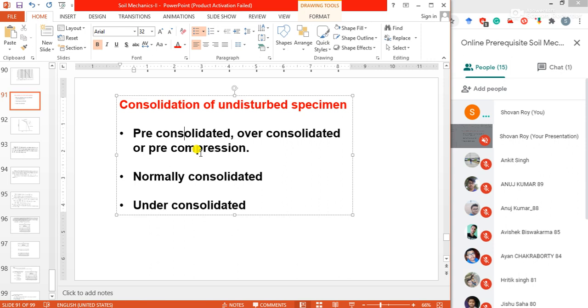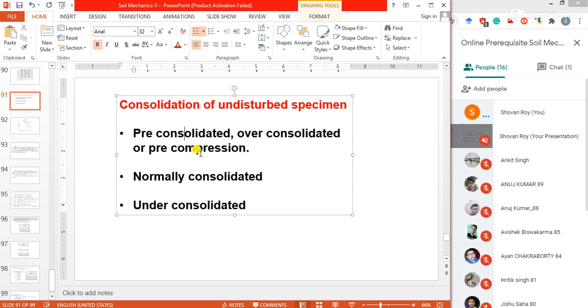A soil may have been pre-consolidated during the geologic past by the weight of an ice sheet or glacier which has melted away, or by other geologic overburden and structural load which no longer exists now.